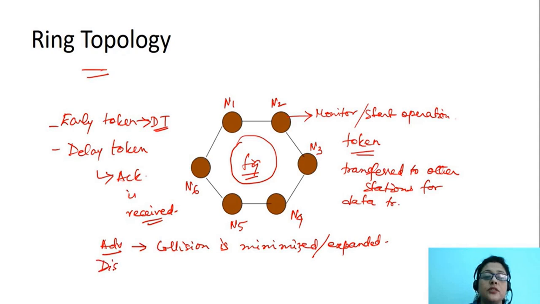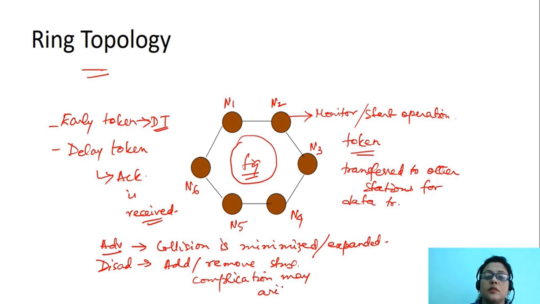But the disadvantage is that if we want to add or remove stations, then complications may arise. And it is easy to install and maintain. So cost is also less.